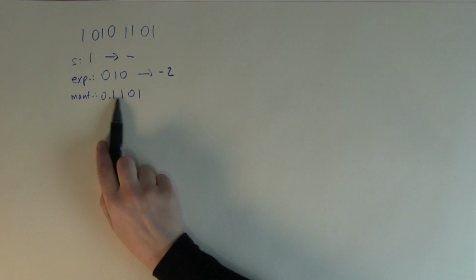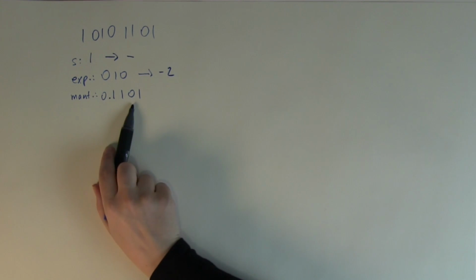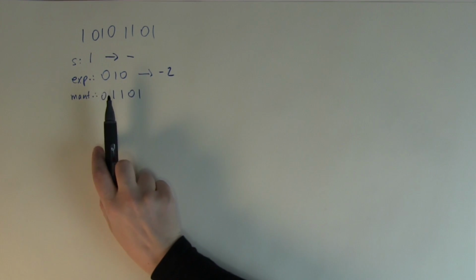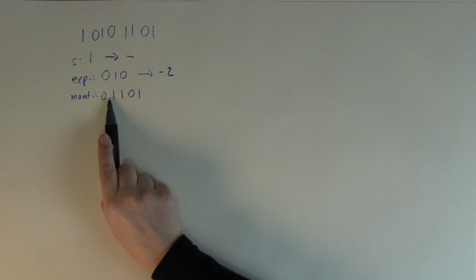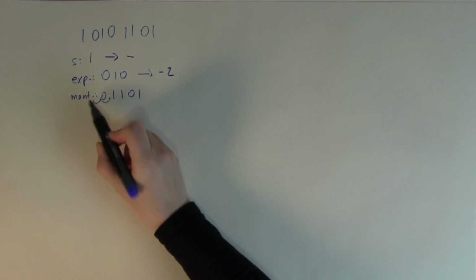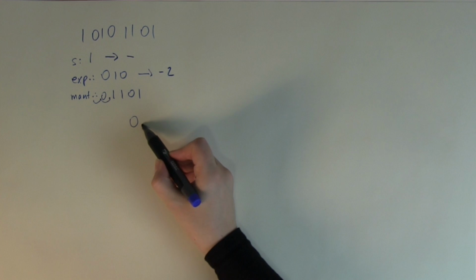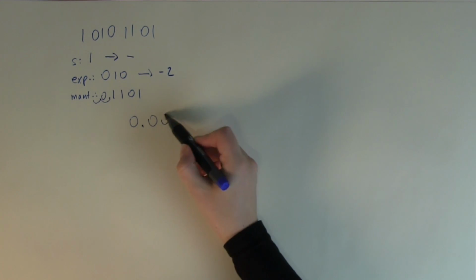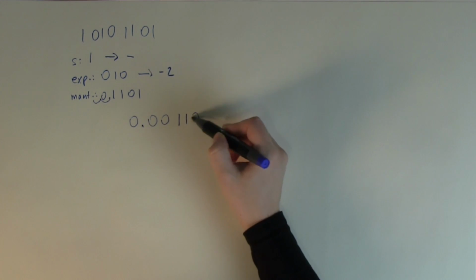So this is the mantissa that the computer was given. So come back to the original number. I need to move the radix point from here 2 places to the negative direction. One place, two places. So that will be 0 radix point followed by 2 zeros, 1 1 0 1.